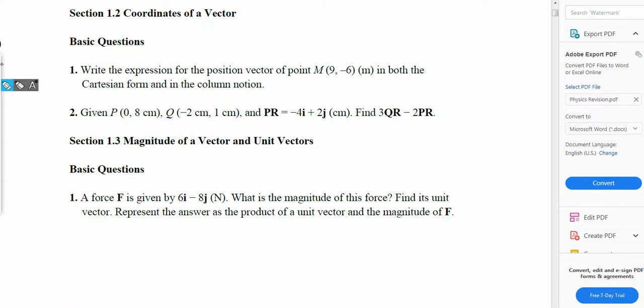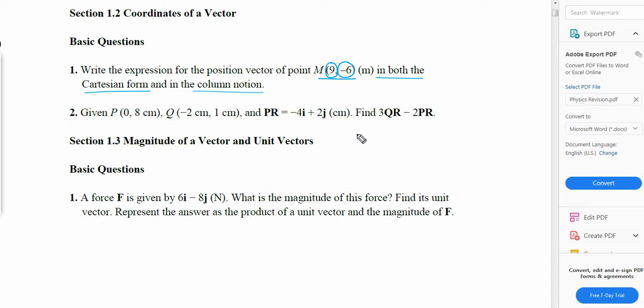Alright, now the next section says, write the expression for the position vector of point M (9, negative 6) meters in both the Cartesian form and the column notation. Let's start with the Cartesian form. Basically, this is the distance traveled by the point M from the origin in the horizontal direction, and this is the distance traveled in the vertical direction.